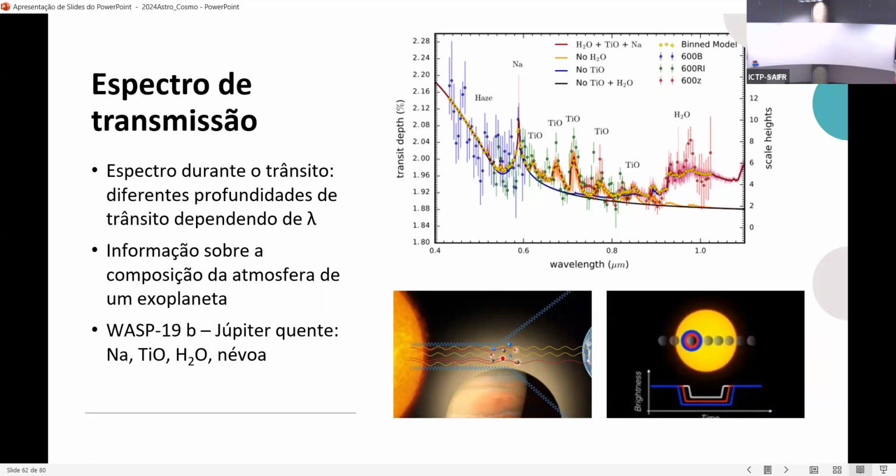You take measurements of the transit at different wavelengths, and the transit depth depends on the wavelength. First of all, you are going to have different sizes of the atmosphere, but also the star matters. Just remember that you measure different depths. And this is what's here.